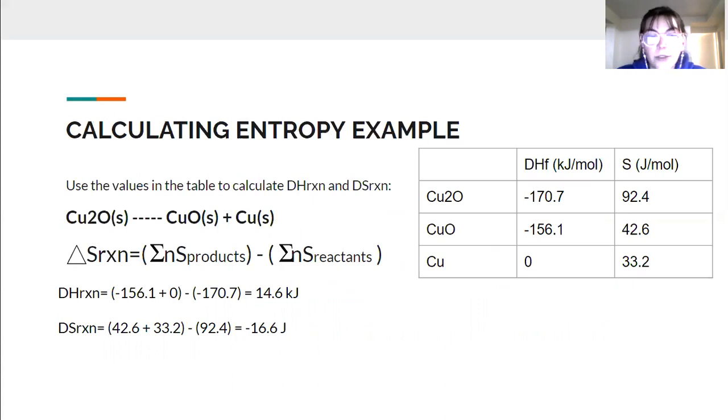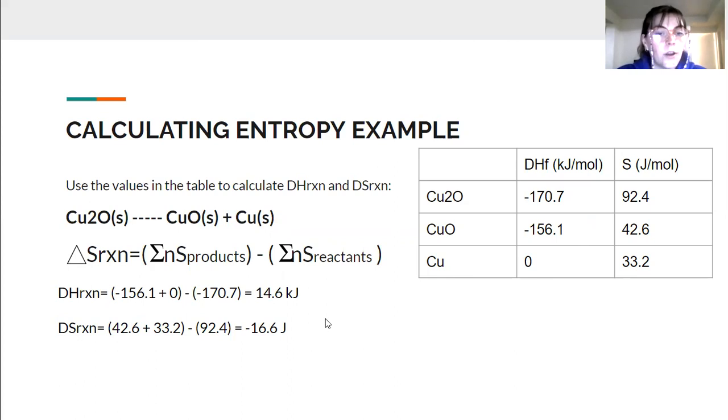I wanted to include the delta H of the reaction in this example so that we could see again that the delta H of formation of a pure element, here copper, is 0, but the entropy value of pure element copper is 33.2. So again, we see that it is not 0 for the delta S.